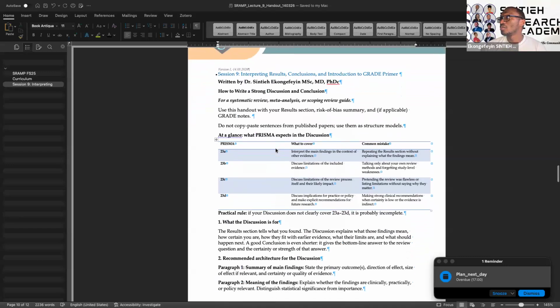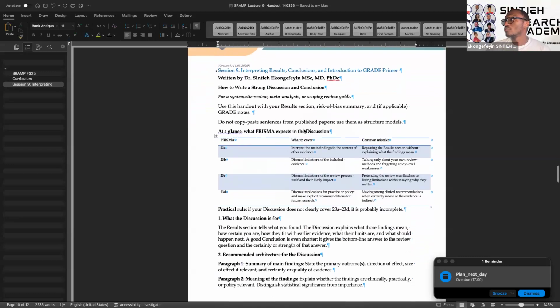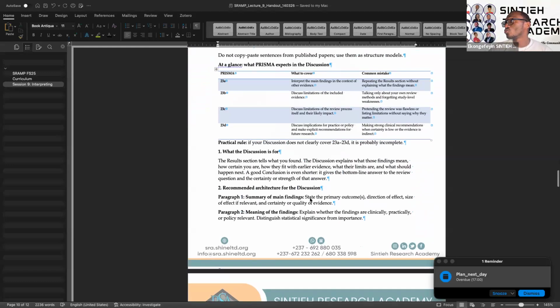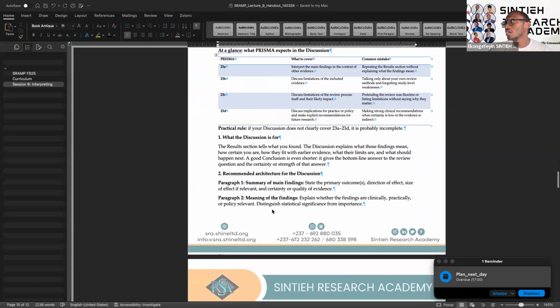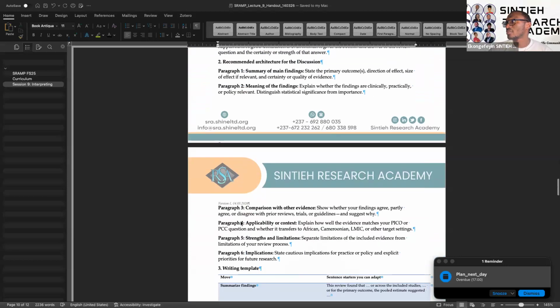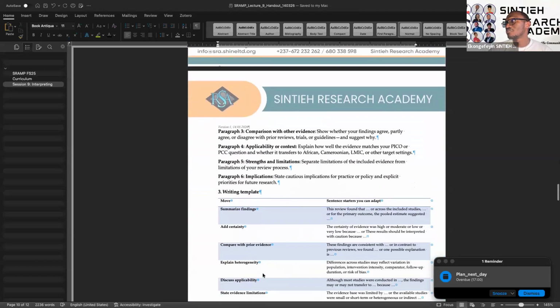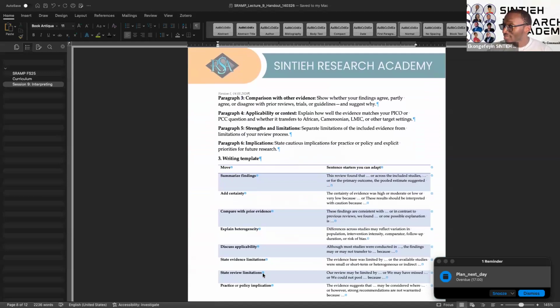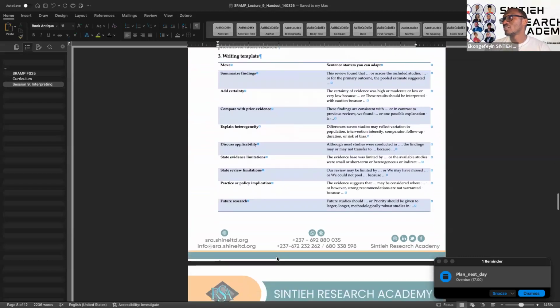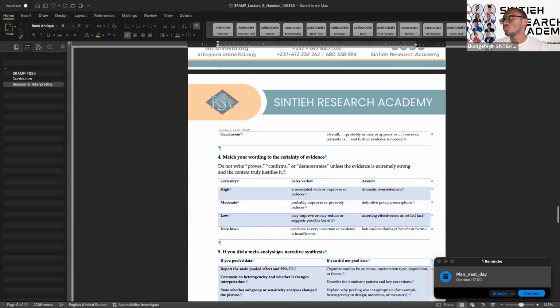It's also based on what the PRISMA asks us to write in the discussion. So this is it, and you have the various rules. It's really down to earth how you should plan your discussion by paragraphs. Again, it's just for you to apply this. If you just apply it, you will be very fine. And this is actually your template that you can use to write and check that you're doing well.